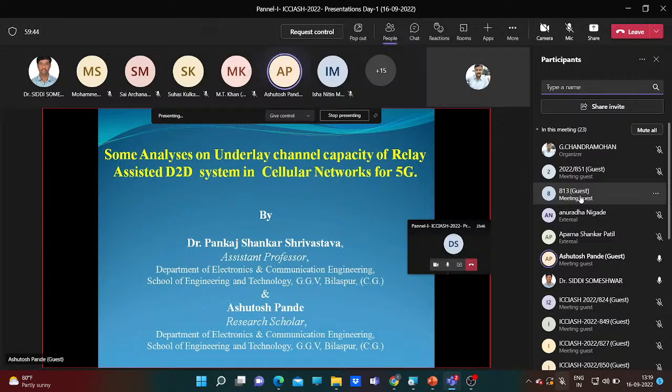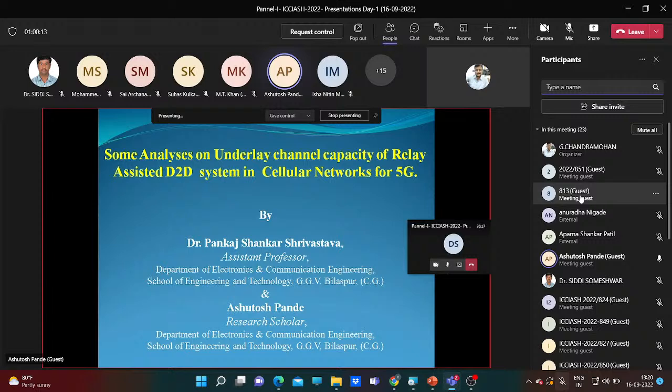I am Ashutosh Pandey, Research Scholar in Department of Electronics and Communication Engineering in School of Engineering and Technology, Guru Ghasidas Vishwavidyalaya, Central University, Bilaspur, Chhattisgarh. Today, I am presenting my paper whose topic is some analysis on underlay channel capacity of relay assisted device to device system in cellular network for 5G.